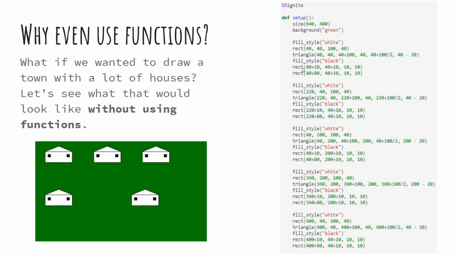We are repeating these 6 lines of code over here. We've written it 6 times, probably 5 times actually, for 5 different houses in different positions. So we can say that it's quite inefficient because we have to repeat the same code again and again.